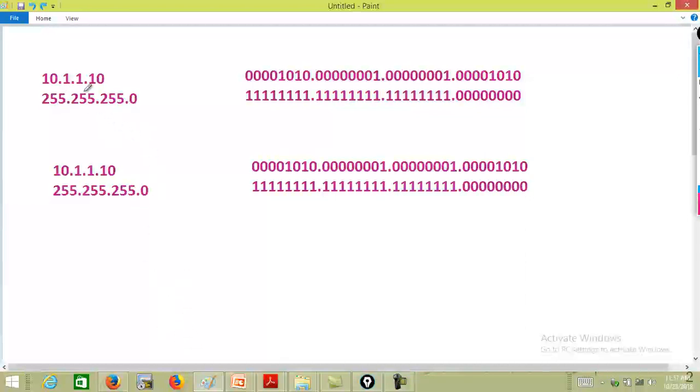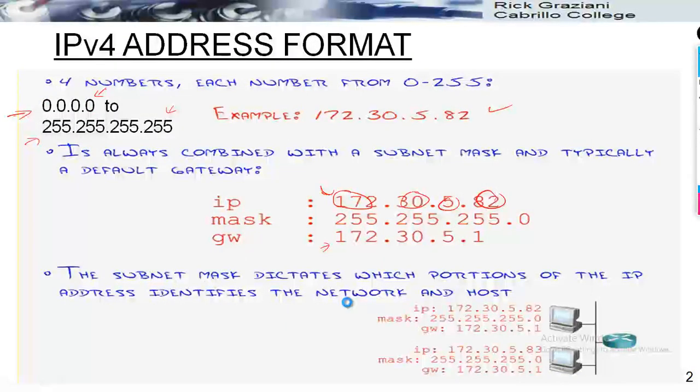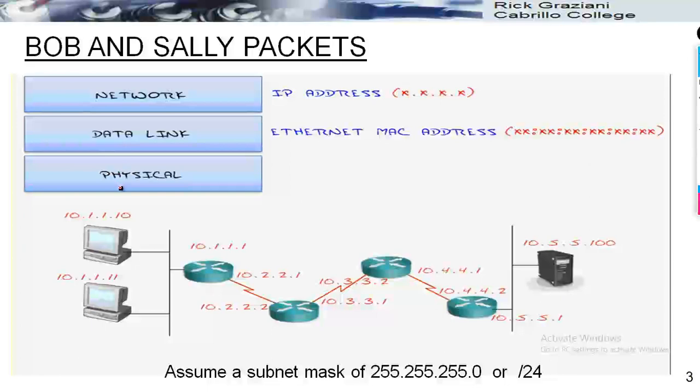What I've written here is a typical IP address, which is what we actually have in this slide, these 2 IP addresses.